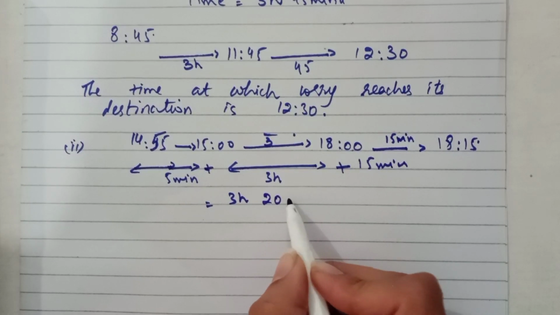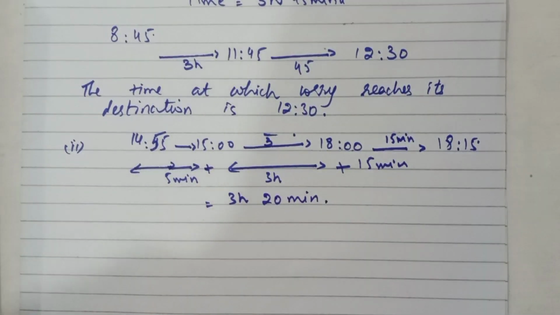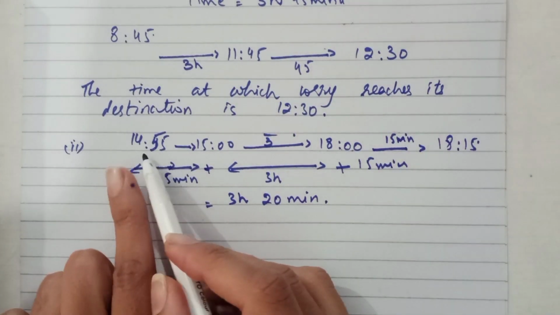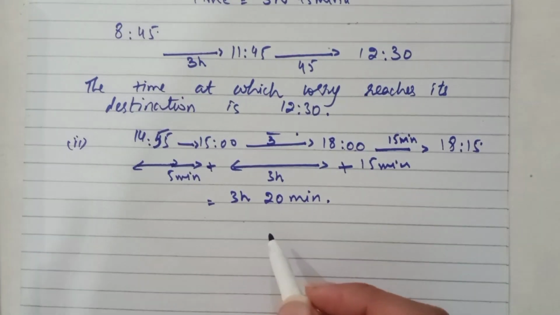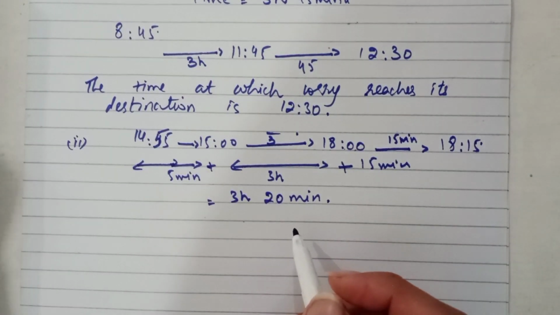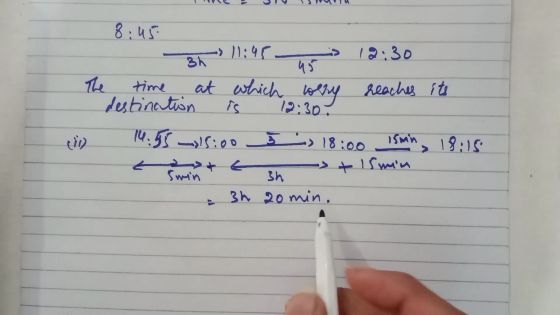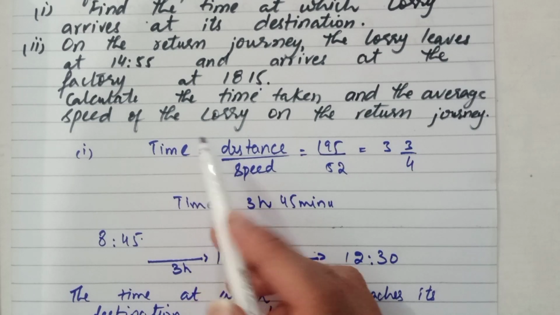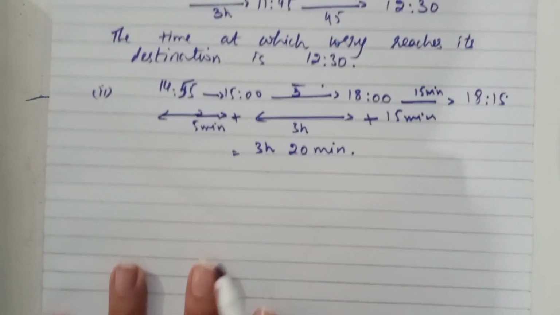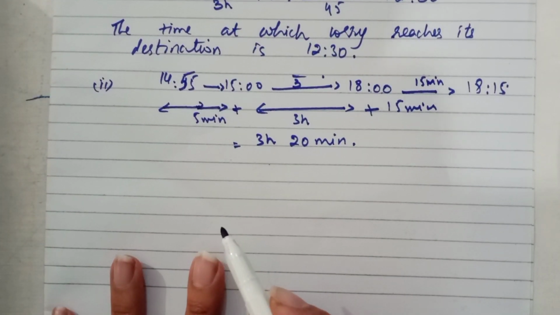That is the total time for which we travel, 3 hours and 20 minutes. Now calculate the time taken and the average speed. We also have to find the average speed. The speed formula is distance over time.